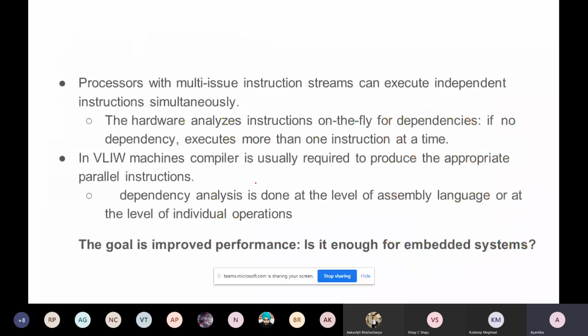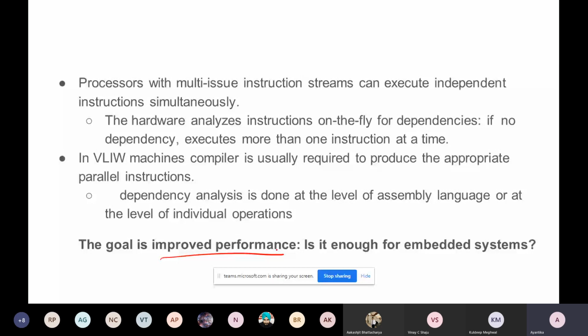Before that, one important concept. Why it is critical: in general purpose processing, when we are thinking about parallelism, our main goal is to improve the performance. Like you are trying to execute a program, your motive will be, I want to do it as fast as possible.